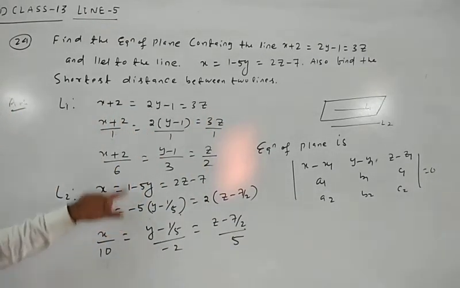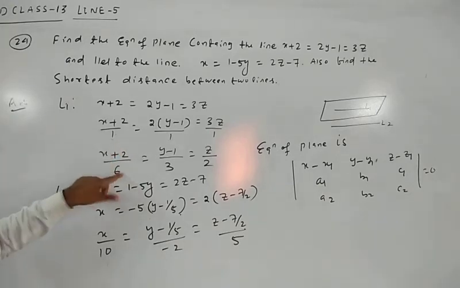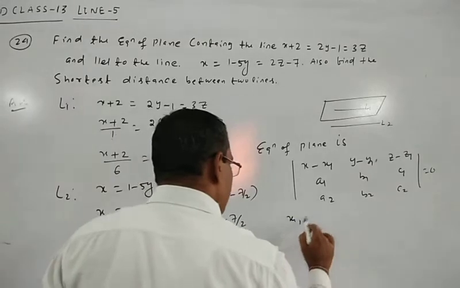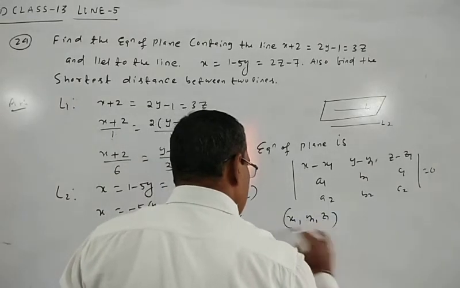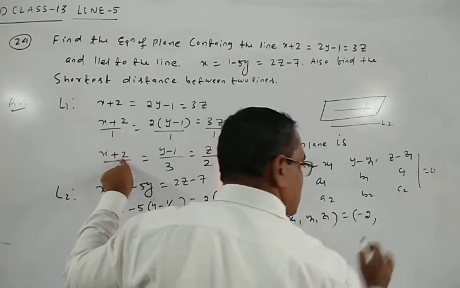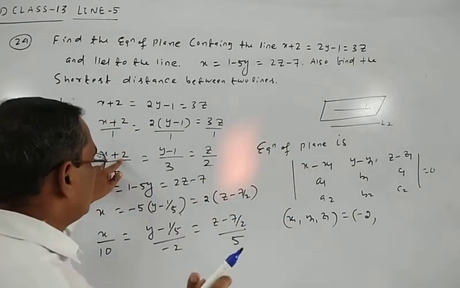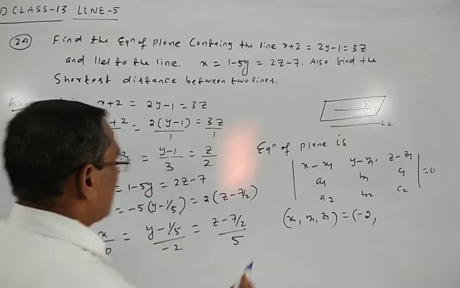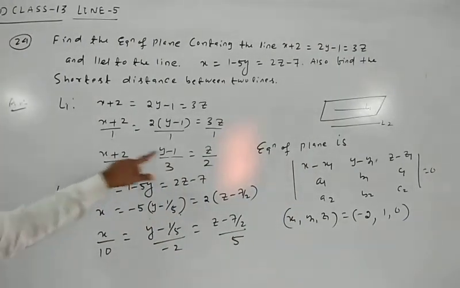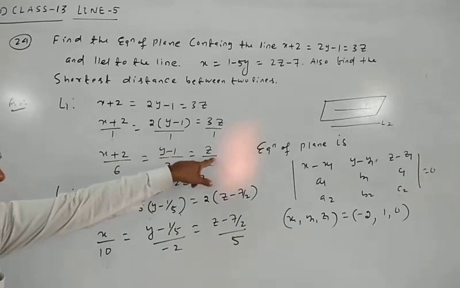x1, y1, z1 is a point on the first line, which is minus 2, 1, 0. Then the row x plus 2, y minus 1, z minus 0.